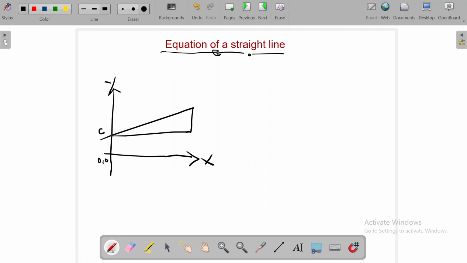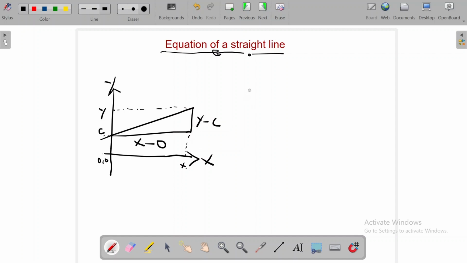So the first point of the y-axis, this can be called C, and the second point here I can simply call y. Also for the x, the first point here is 0, and the second point here can be called x. So I can say the change in the x-axis, which is the second value minus the first value, can be given as x minus 0. And also, the change in the y-axis can be given as y minus c.